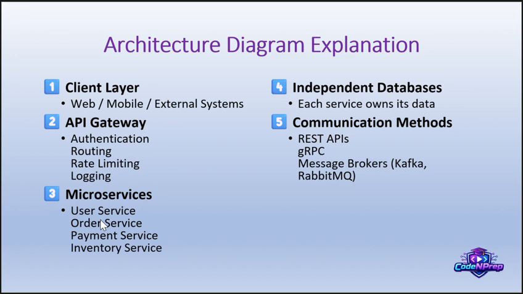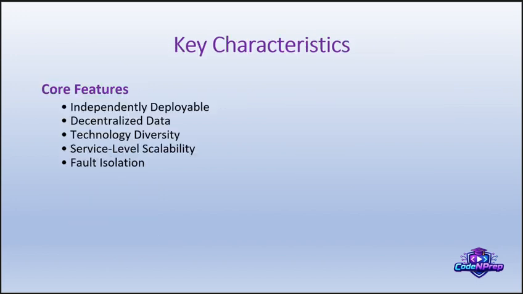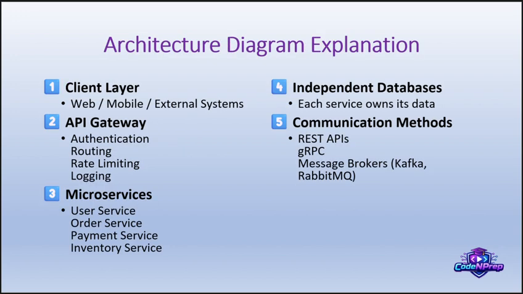Then each microservice is responsible for its own data and logic. For example, order service does not directly access payment database. So if services need to communicate, they use REST APIs or asynchronous messaging like Kafka or RabbitMQ. This ensures the application is loosely coupled.